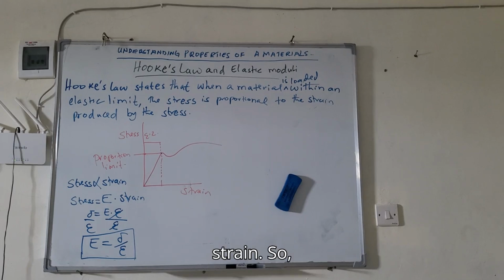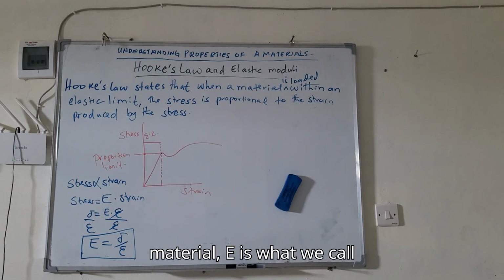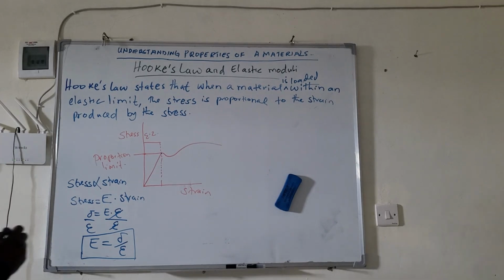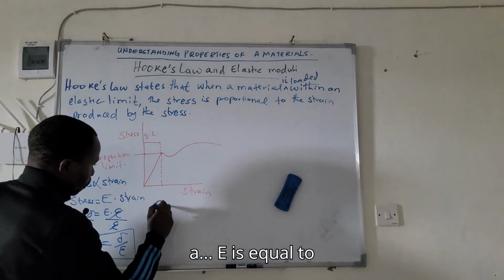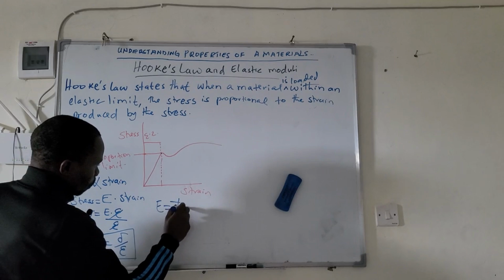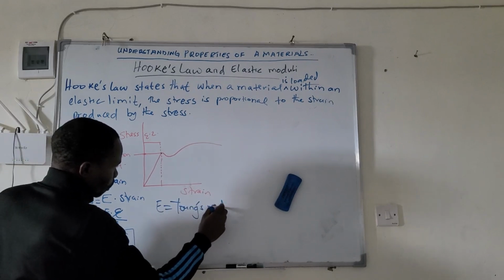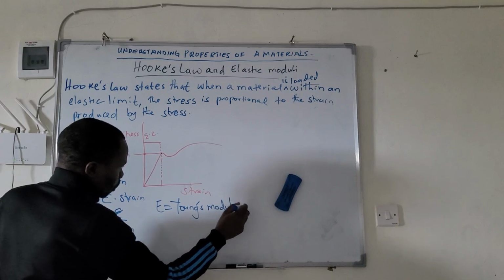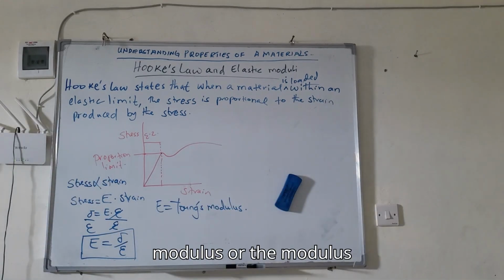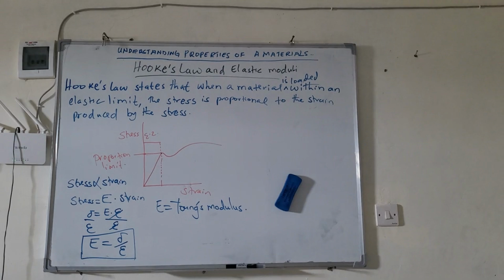So in properties of a material, E is what we call Young's modulus, or modulus of elasticity.